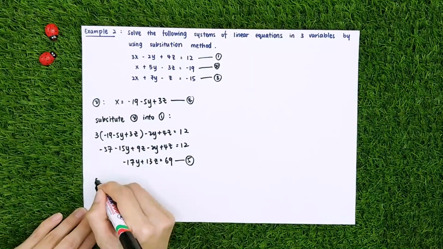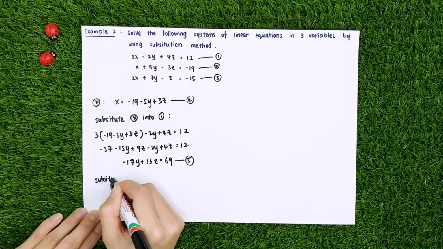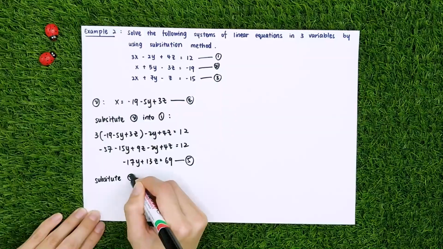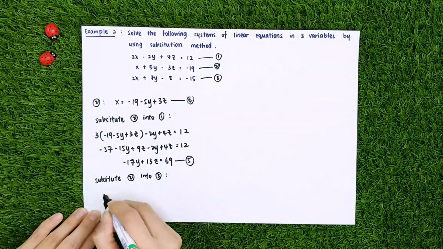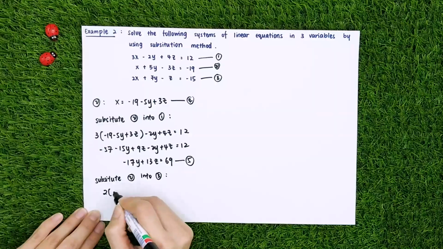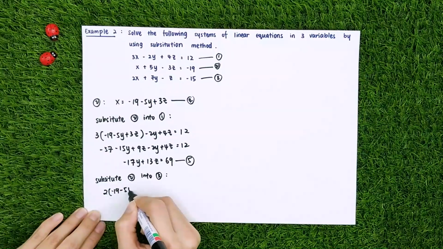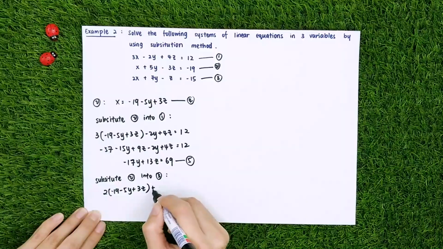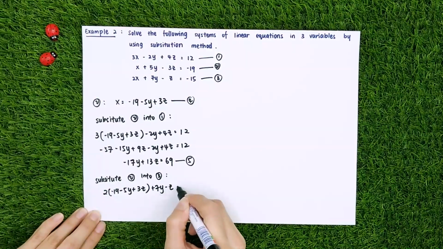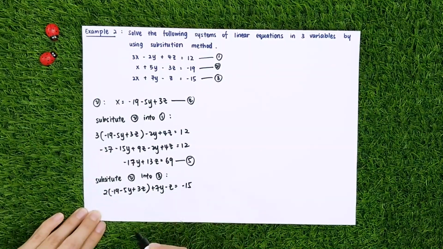So now I choose to substitute equation 4 into equation 3. Okay, so 2x is 2 times (negative 19 minus 5y plus 3z), plus 7y minus z equals to minus 15.